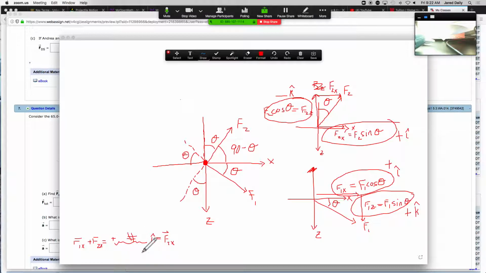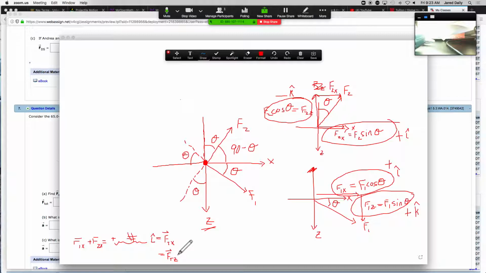We get a vector component for the z direction, not the y direction. I keep forgetting it's the z direction. And remember that this one here is going to be positive and this one will be negative when we add them together, so you could possibly get a negative or a positive answer, not sure until you do the math. But you're going to get some F total in z from the second time you do this.